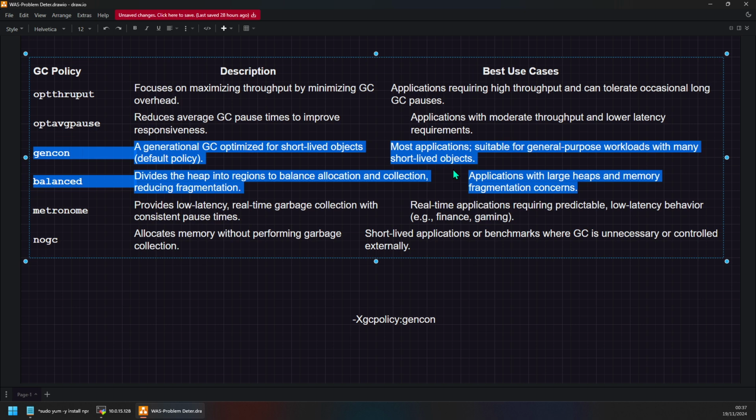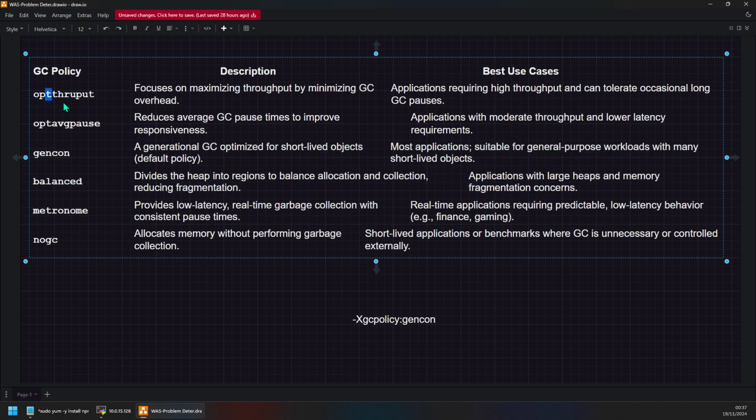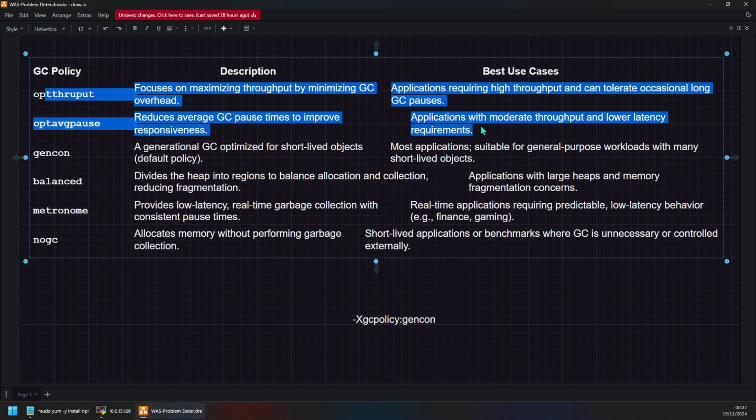Other policies like optthruput and optavgpause do not divide your memory into multiple segments. This is very important for you guys to remember, because here only one garbage collection cycle runs, which is your global GC.